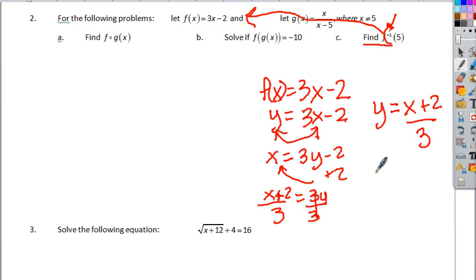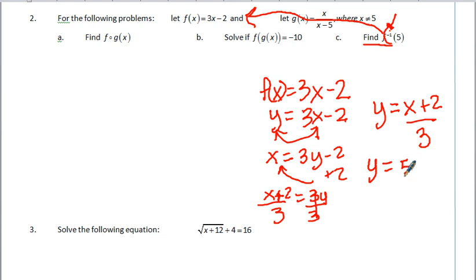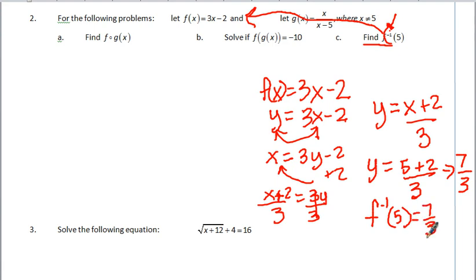So we're going to replace the x with a 5, and that gives us 7/3. So the inverse function of 5 gives you 7/3, and that's the answer for that one.